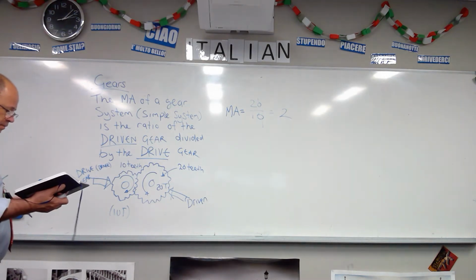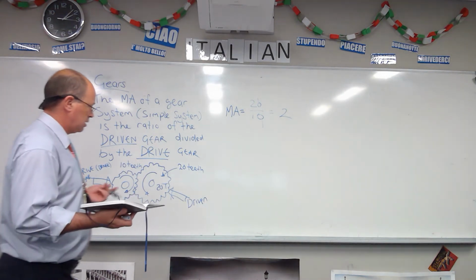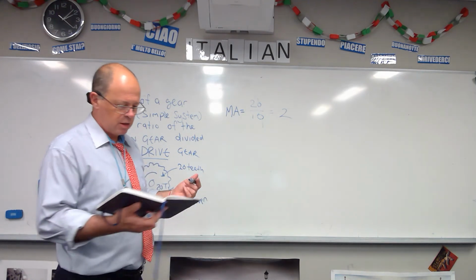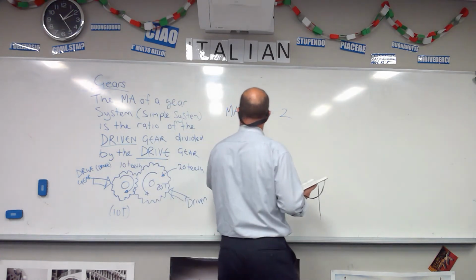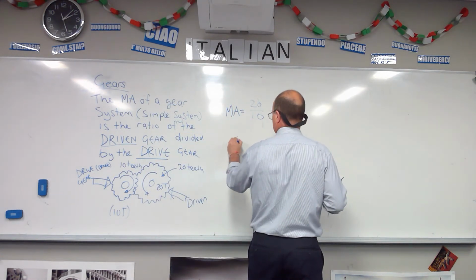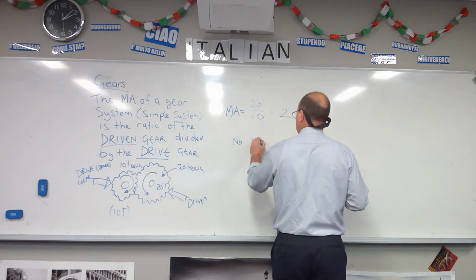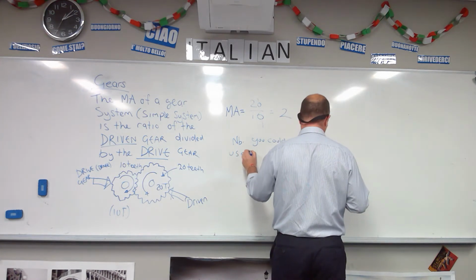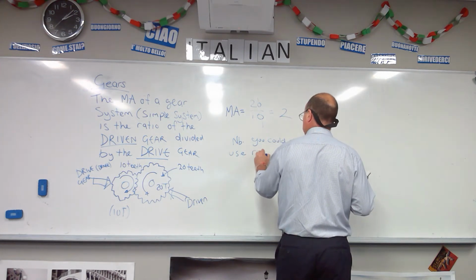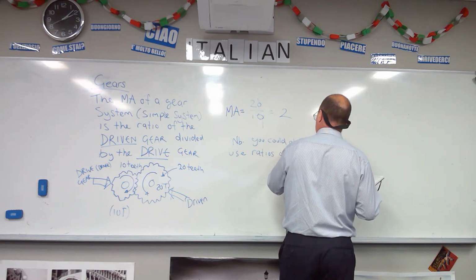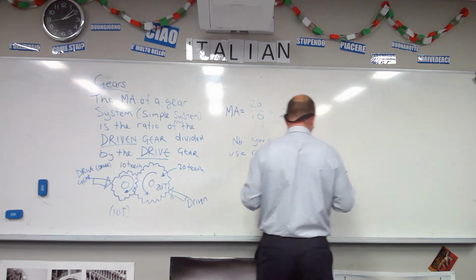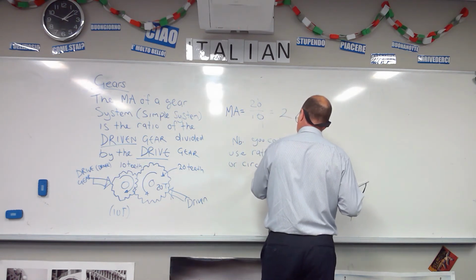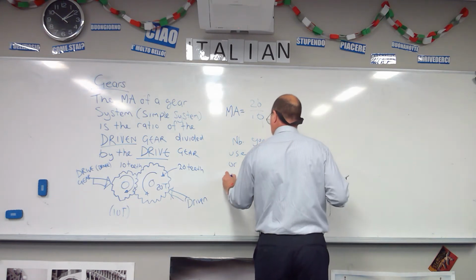So that's how we work out our mechanical advantage. That would also be a velocity ratio, because we're essentially dealing with distances when we deal with number of teeth. Now, I've written a little note in my notes here, and that note is that you could also use ratios of radii for both of the gears, or circumferences, or diameters.